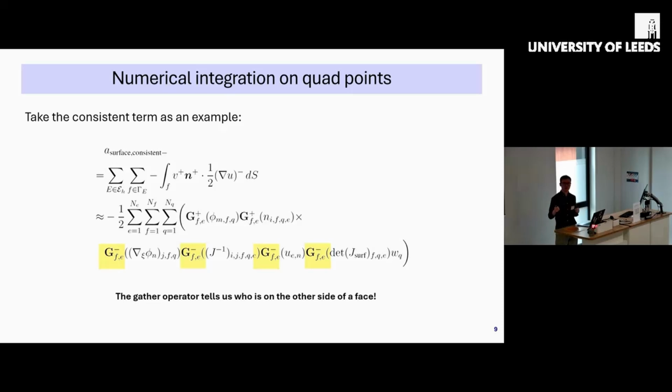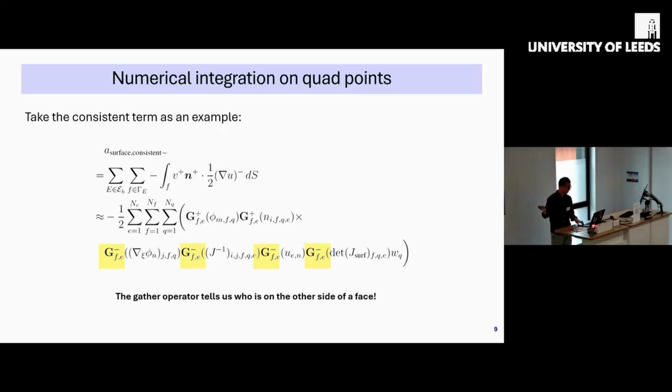So you can multiply those numbers together. And a thing to mention here is that if you want to get the indices or information from the other side of your edge, you will need to gather that information on the other side. That's the gather operation here, the G here.